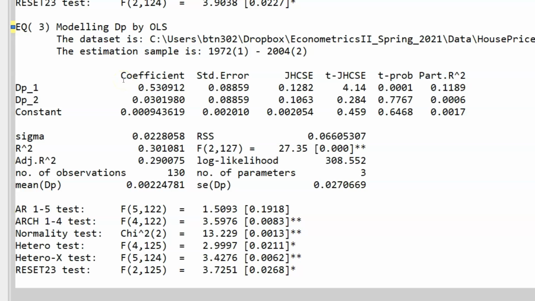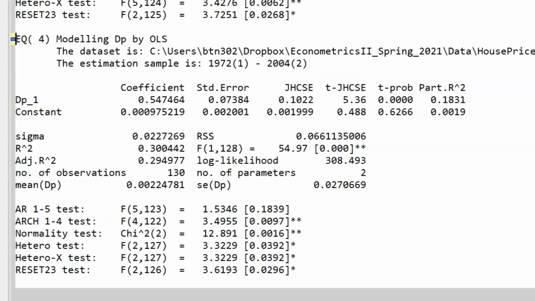Again, relying on the robust standard errors, we have that the t statistic for the autoregressive coefficient of order 2 is about 0.3, again suggesting that we may omit this second lag in the regression model. Then we are left with an AR1 model, and this term here appears to be significant. We have a t statistic of 5.4 approximately.